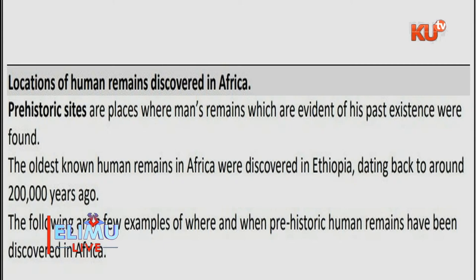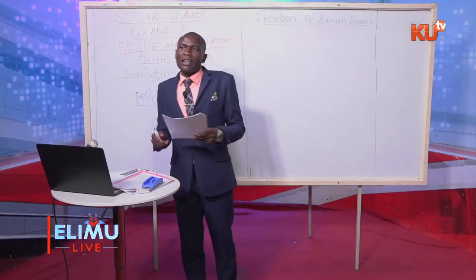Number two, we are saying that the oldest human remains in Africa were discovered in Ethiopia from around 2,000 years ago. Those were very many years back. And we are saying it was the first place where they were discovered.